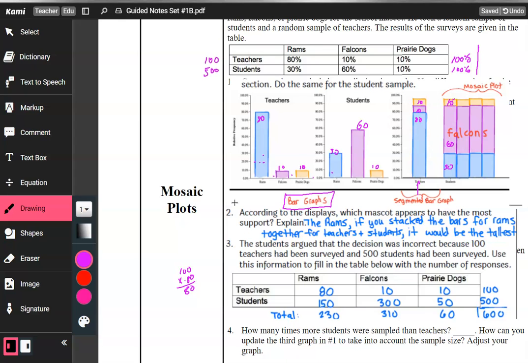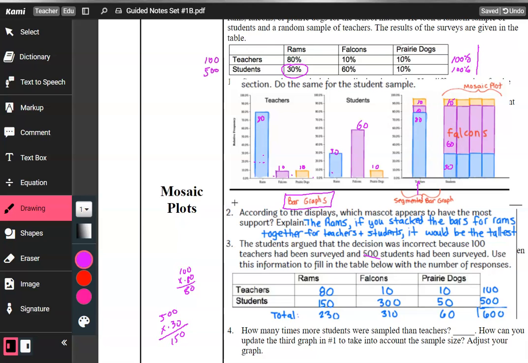This 150 is the same idea, but we have 500 students, right? So it's 500 students times 30% of them from the top information. There was 30% of students that chose the Ram. So if you multiply this, you'll get 150. So 30% of 500 is 150 students.